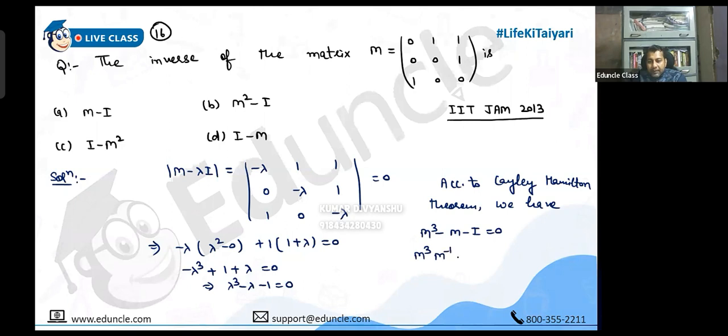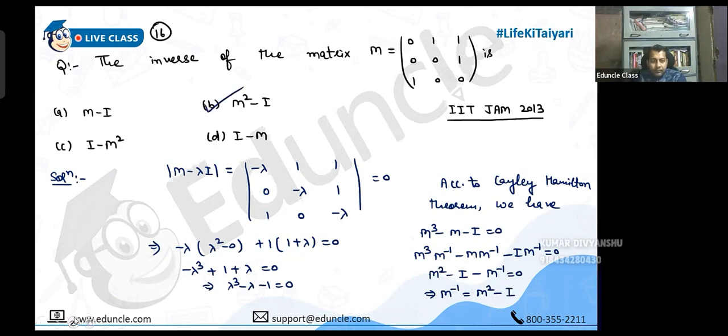So if we multiply by m inverse, m inverse is m square minus n. Clear?